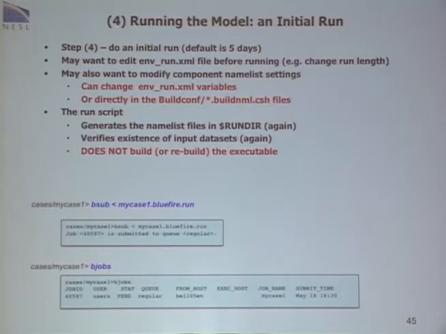The other thing you might want to do at this point is actually change component namelist settings. And I believe Joe will get into some of the specific settings in a little more detail, specific to WACCM-X.